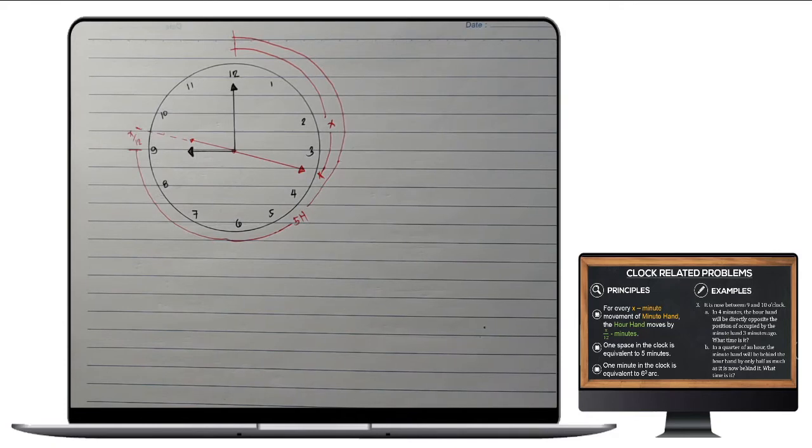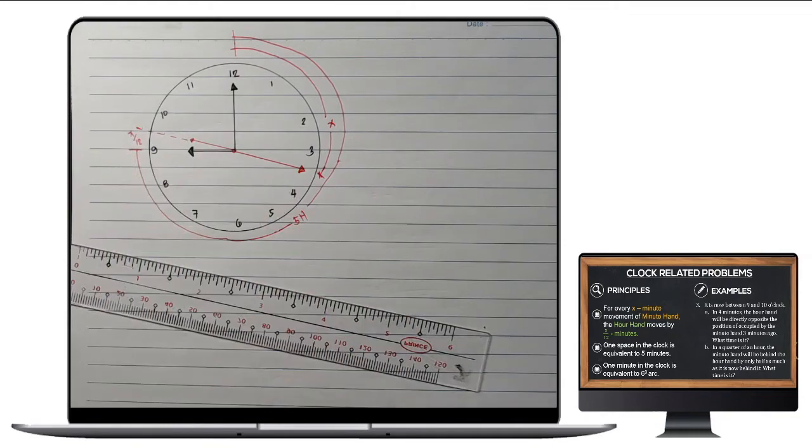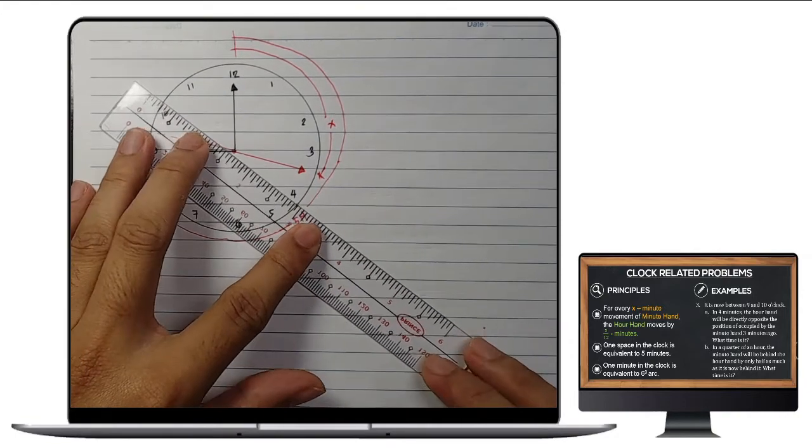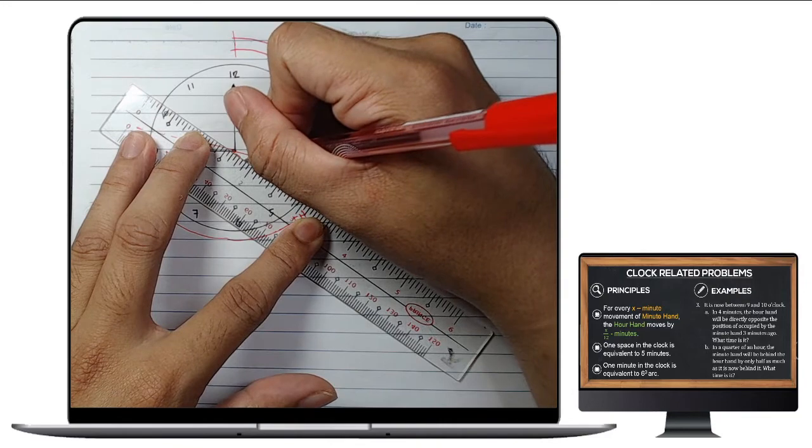So, sabi, in 4 minutes, the hour hand will be opposite the position occupied by the minute hand. So, ibig sabihin, after this present time, so after 4 minutes pa, sa time natin ngayon, which is this position, after another 4 minutes, so from this point, let's say, move tayo ng kaunti pa dito, ng 4 minutes.